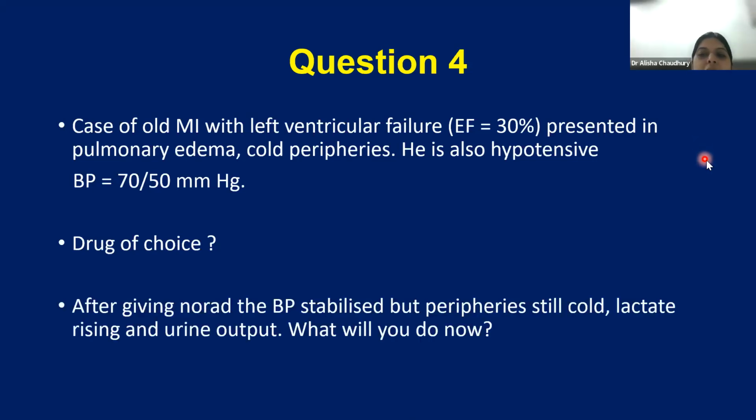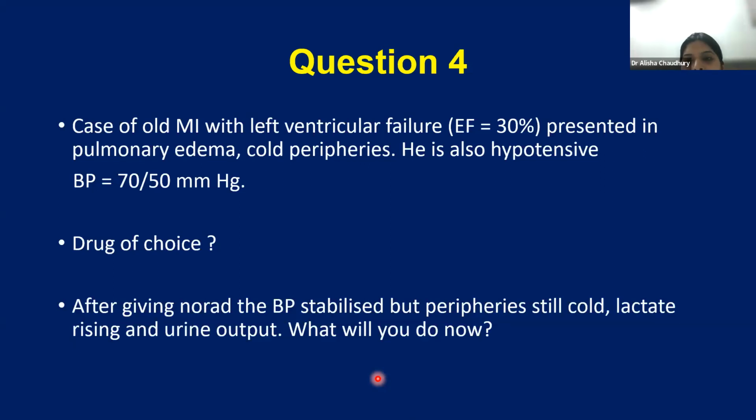The other part would have been that after giving NORAD, the BP stabilized, but peripheries are still cold, lactate is rising, and urine output is also low. So like Dr. Alok told, you might have to add another drug after making sure your blood pressure is stabilized.